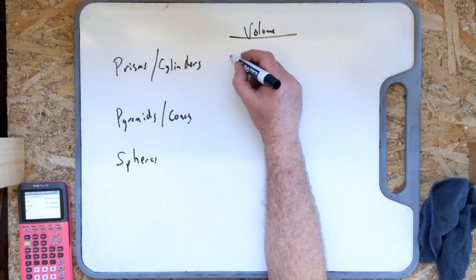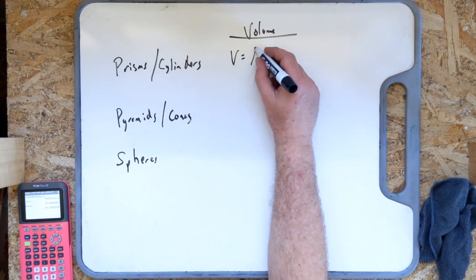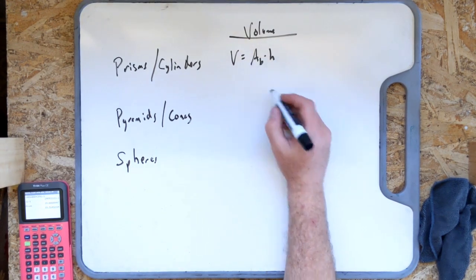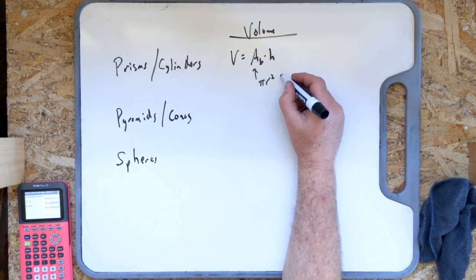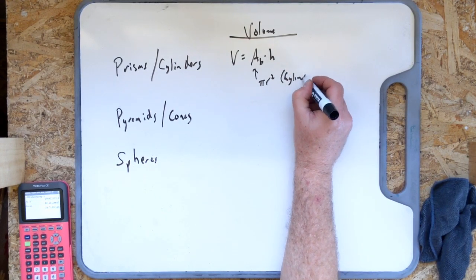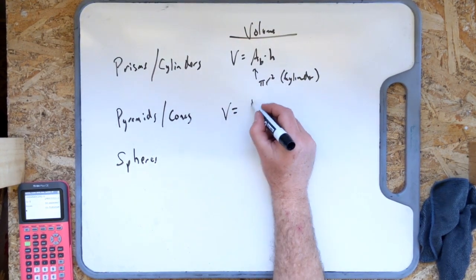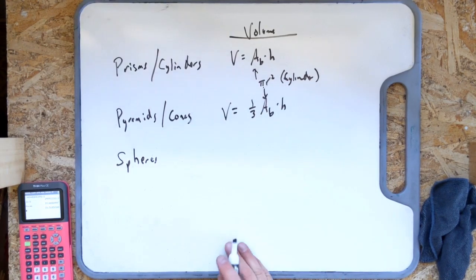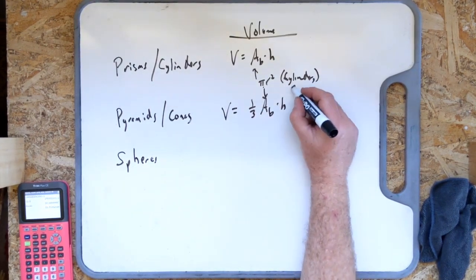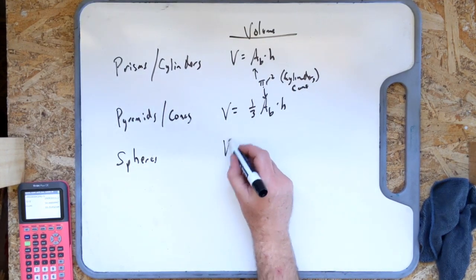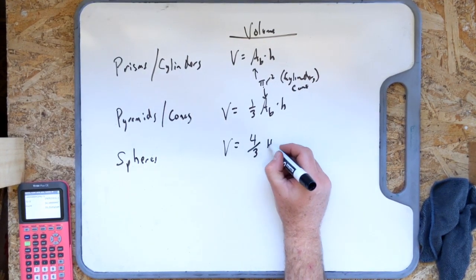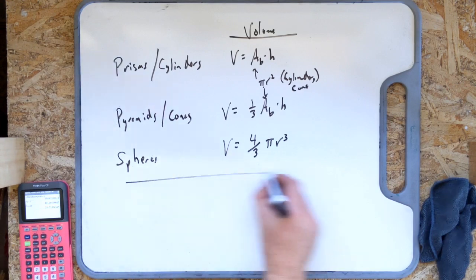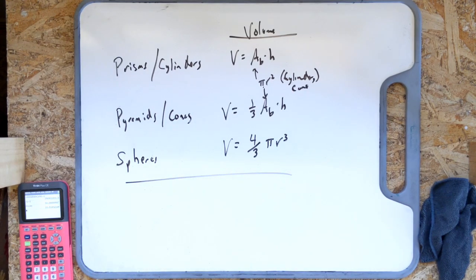Volume of these will be area of base times height, and this will be pi r squared if it's a cylinder. Volume of these will be 1/3 area of base times height, and area of base will be pi r squared if it's a cone also. And then finally a sphere is 4/3 pi r cubed. There we go. That's all we have to know from this section.